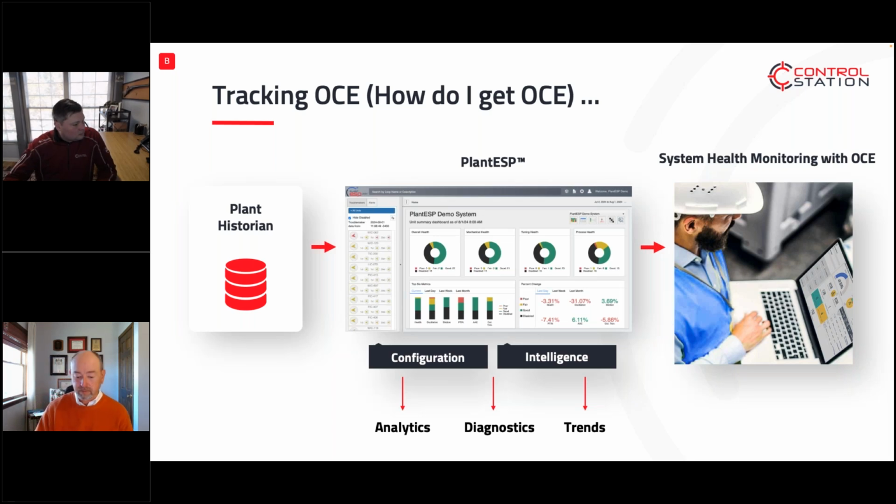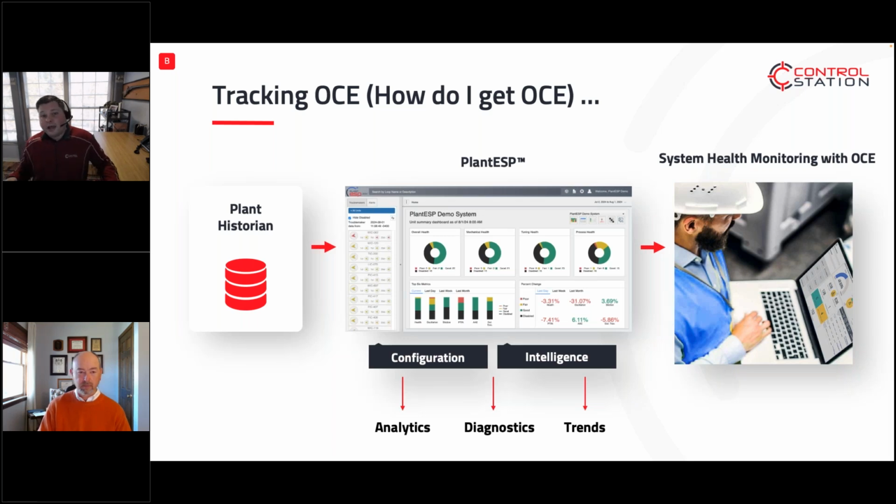One more here. Not all loops are created equal. Do you have a quantitative method for prioritizing loops based on the purpose of the loop, cost of the poor performance, etc.? Yeah, and that configuration again is kind of managed within ESP itself. Not all loops are created equal.